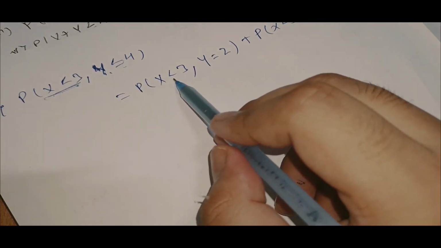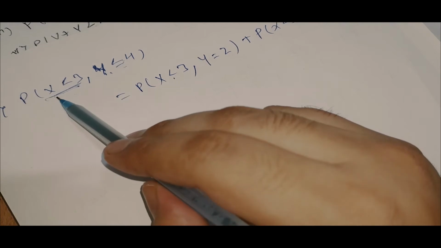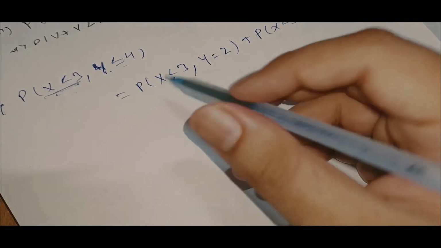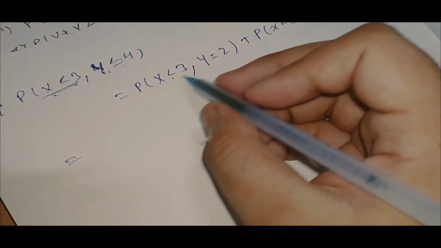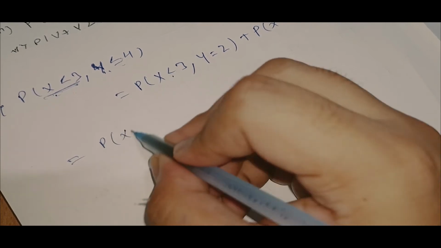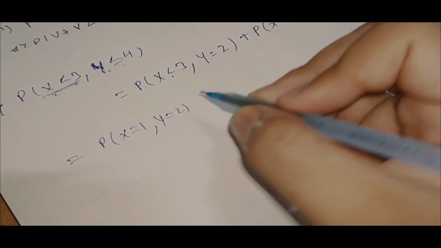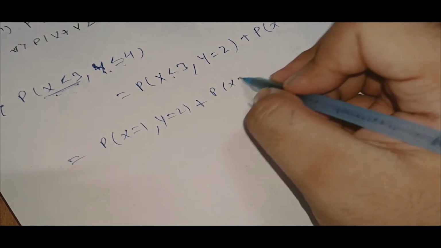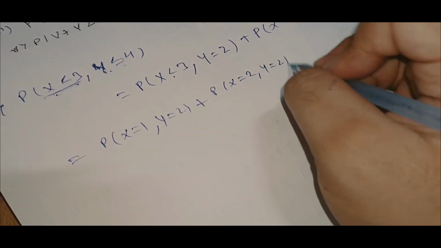Now we will change the x value. So what were the possible values of x? x equals 1 and 2. So for y equals 2, x can vary over 1 and 2. So P(x equals 1, y equals 2) plus P(x equals 2, y equals 2).